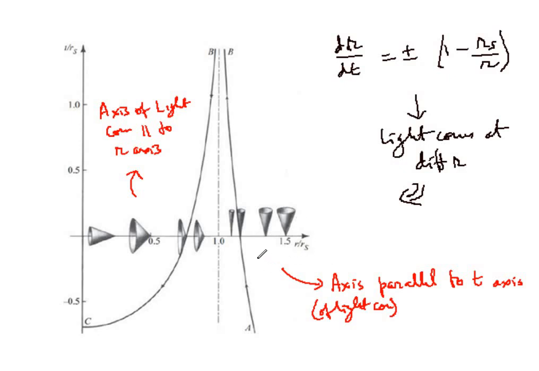Now you see the strange orientation of the light cone in the interior region. From here to here, the strange orientation is a simple consequence of the reversal of the character of the coordinates in this region. So r is a time-like coordinate and t is a space-like coordinate.